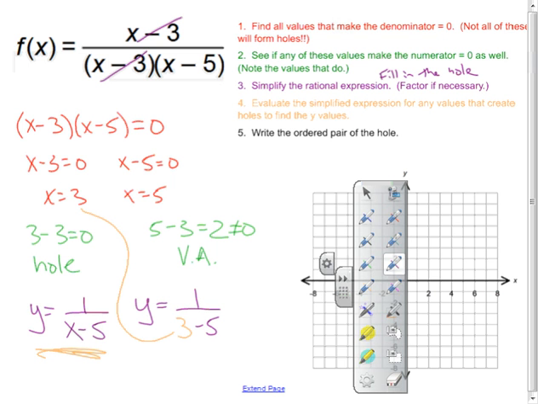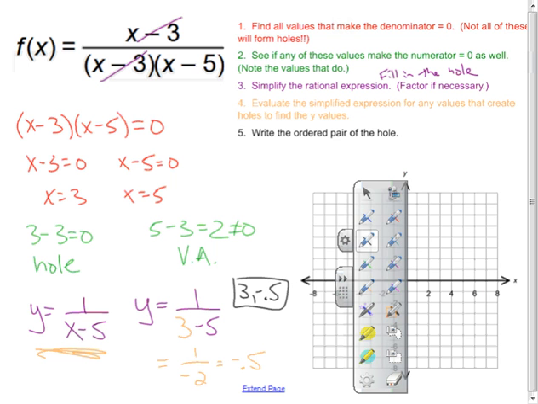Again, why 3? Because 3 was the value that we said was going to create the hole. Okay? So continuing on, I'm going to get what? 1 over negative 2, which is negative 0.5. So, last final step. I'm writing the ordered pair for the hole. It's 3 comma negative 0.5.